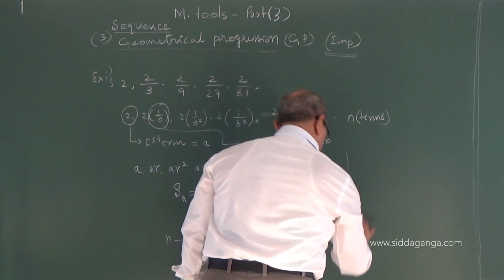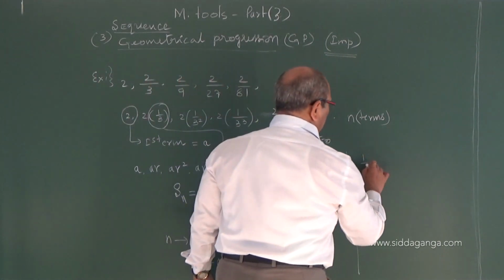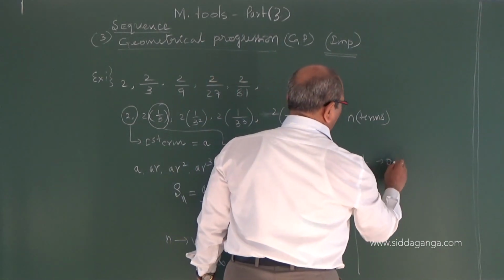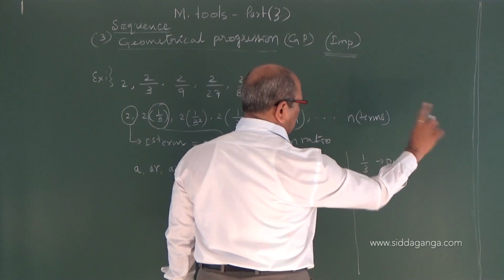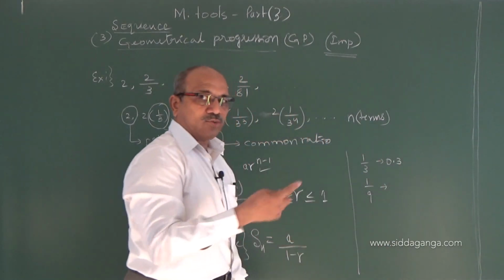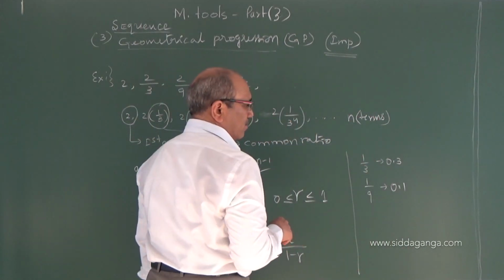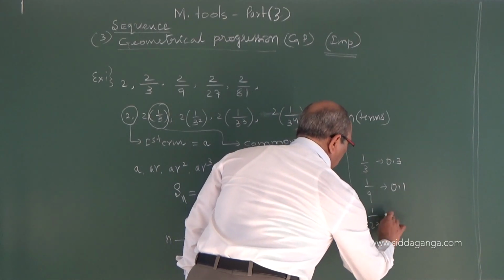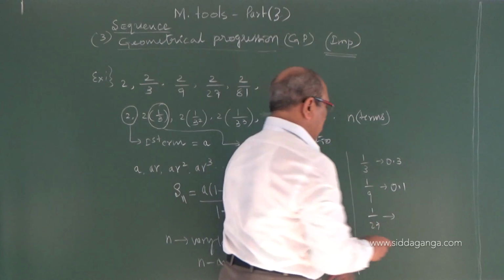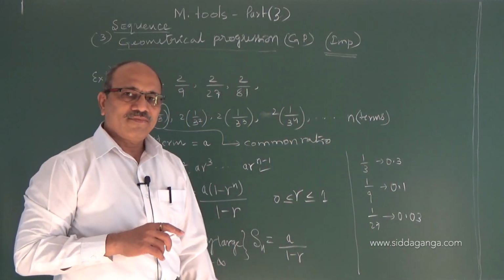Why? Suppose you take 1 by 3 itself, you know the 1 by 3 value, it is around 0.33. If you go for 1 by 9, that is 1 by 3 power 2, it reduces to 0.1. Then 1 by 27, again it is less, around 0.03 something.